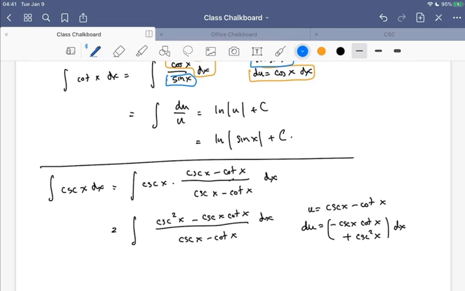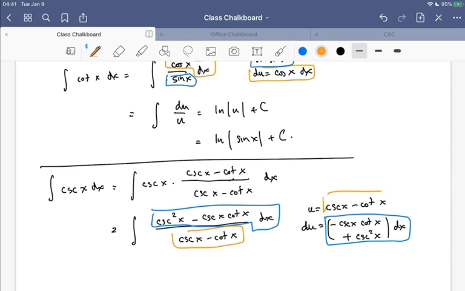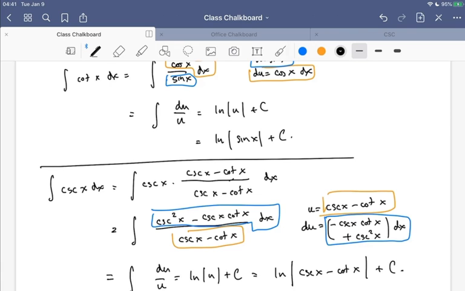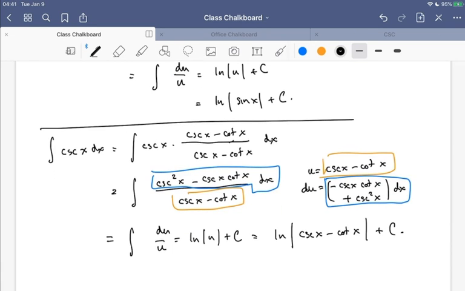If you look again, this is exactly what we have here, and this is exactly what we have here. So this is literally du over u, which again is that. Let me scroll up a little bit. There you go. All right, that's it.